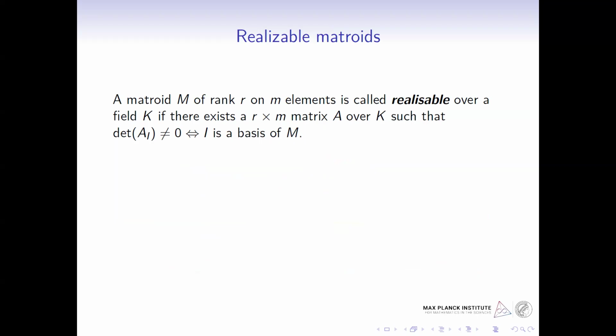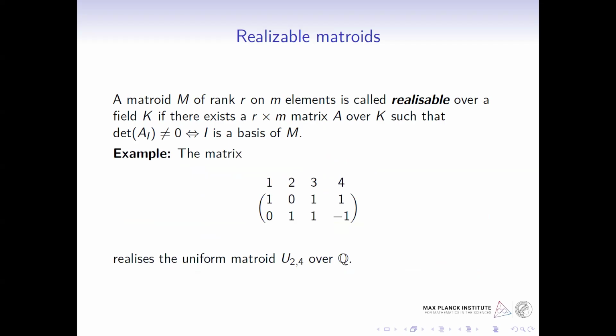There are matroids that are called realizable, which we can get by fixing a field and writing down a matrix. And then the columns of the matrix give us the elements that form the bases of the matroid, by simply, whenever a minor of the matrix is non-zero, the corresponding set of columns gives us a basis of the matroid.